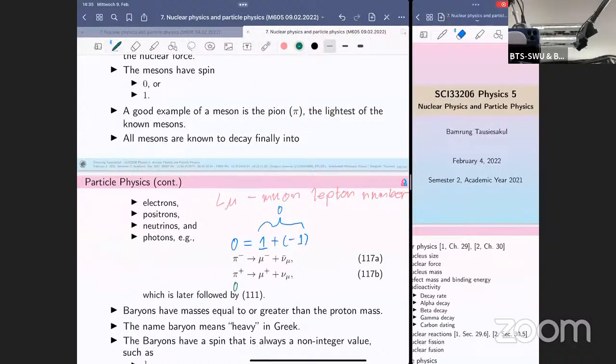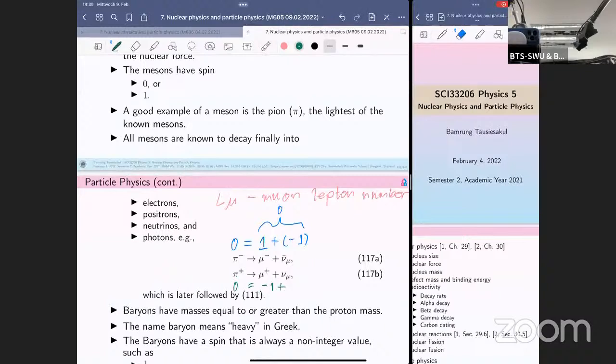So this is 0, and this is equal to the anti-muon or muon plus, which is the antiparticle. The antiparticle would have -1 muon lepton number.